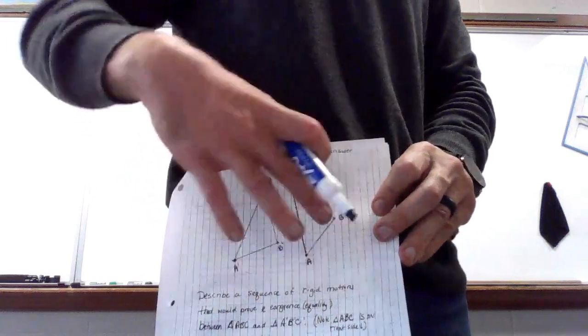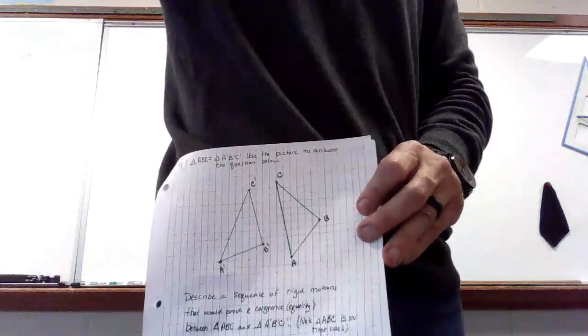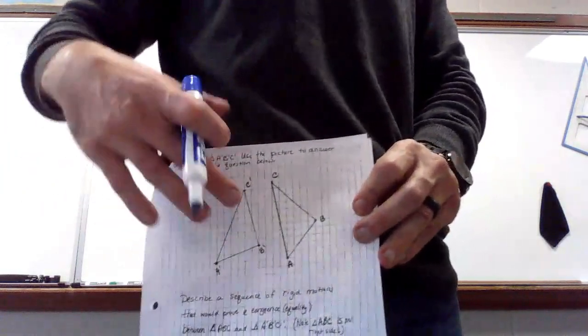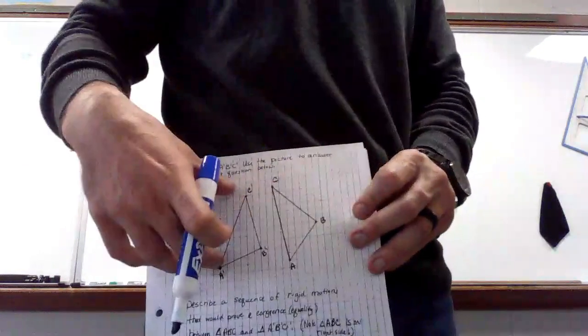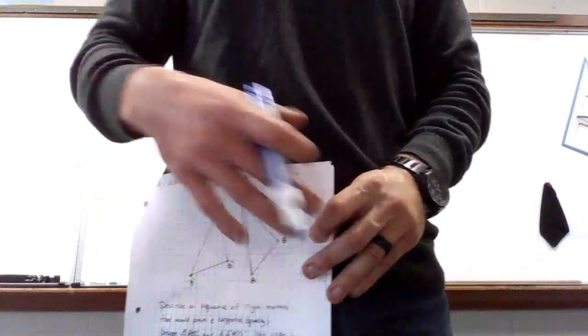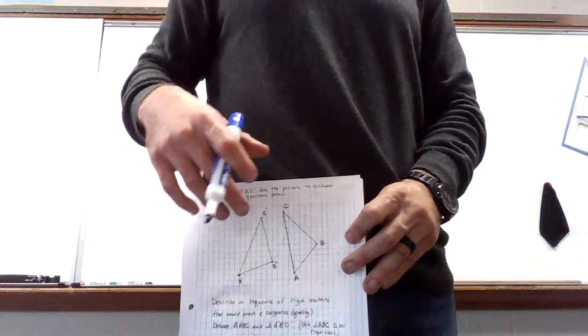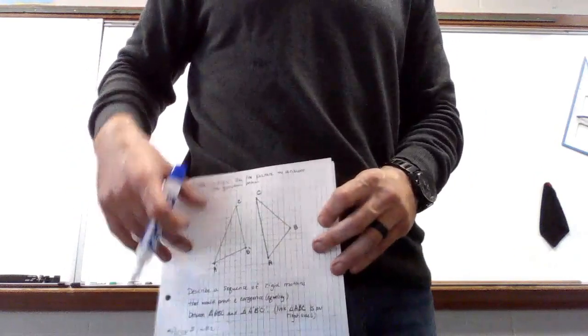And then I have to rotate which direction? Clockwise. So translate to the left, rotate clockwise. No, it's not to the right. What way is this? Left. Translate to the left. Did I say that the first time? You said it the first time and then you repeated it. Oh, left, clockwise, left, clockwise.